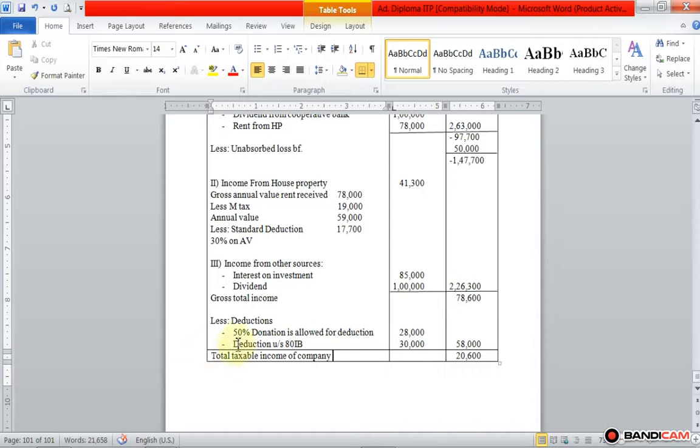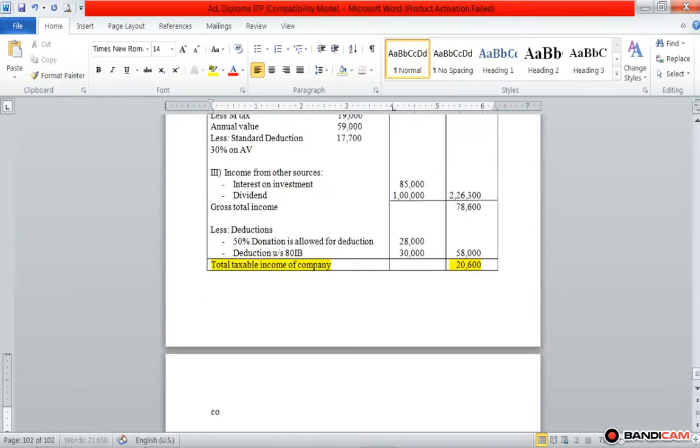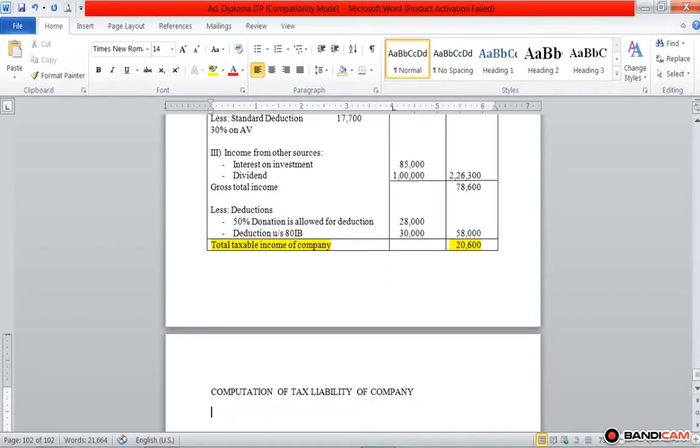Okay, amounted to rupees 20,600. Then here, computation of tax of company for assessment year 2020-21.